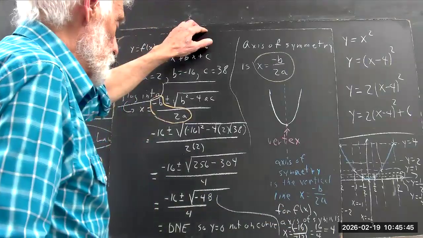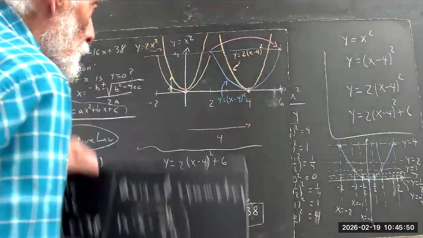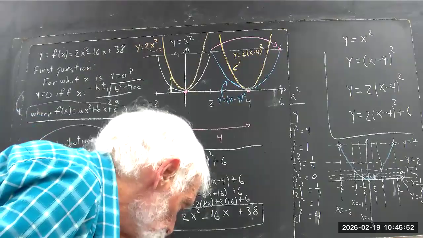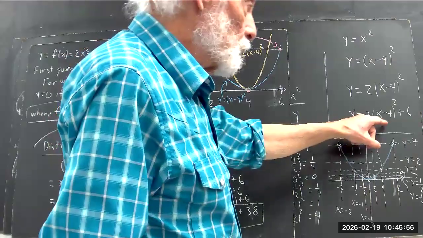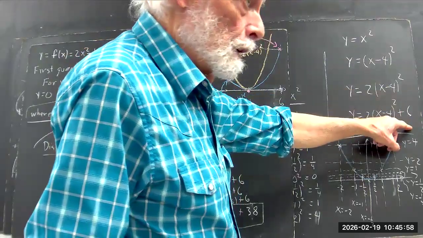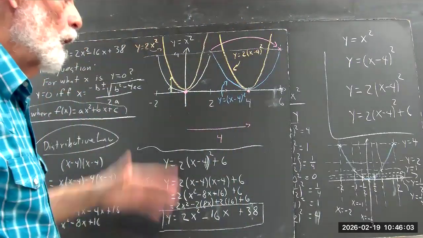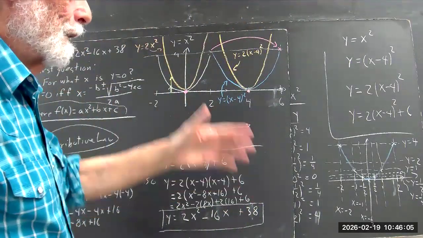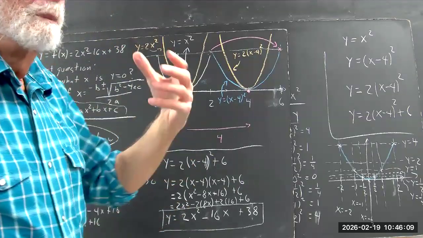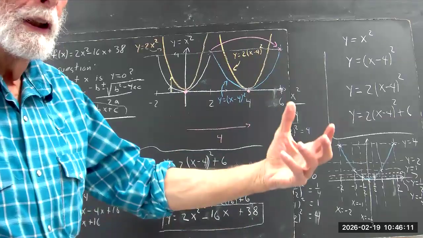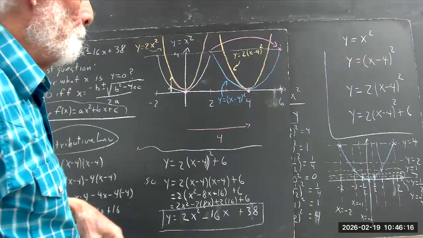Okay, well, let's look back at the original graph we made for the function. Now, f of x is 2 times the quantity x minus 4 squared plus 6. We expanded that to get the function 2x squared minus 16x plus 38, which is the function we're just working on.